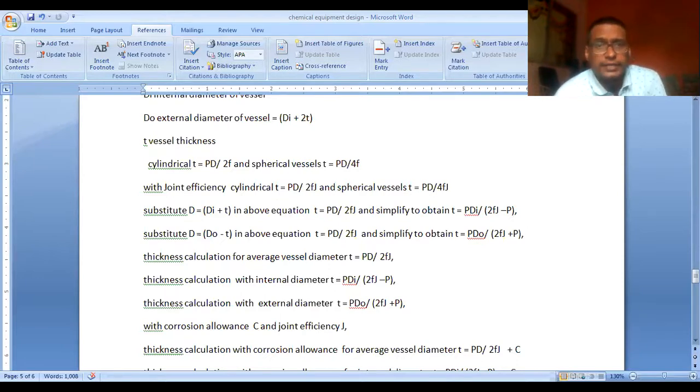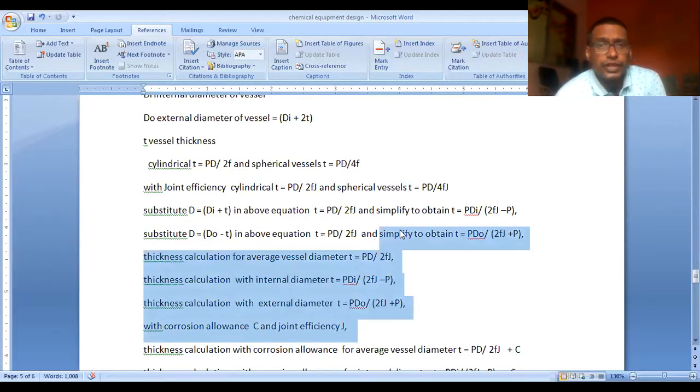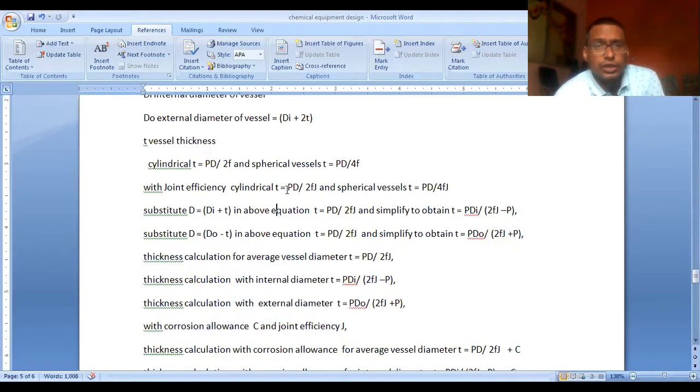Now we can substitute this thickness, which is equal to PD upon 2Fj, and derive certain formulas. Substitute D, which is the mean diameter, equal to the internal diameter plus the thickness.